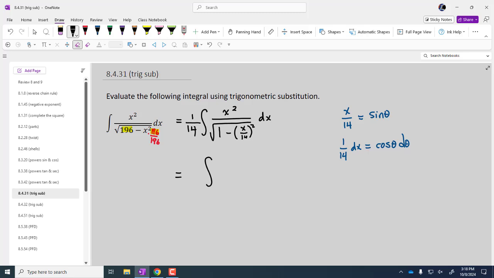One thing to notice is that this 1/14 times dx, that's dx over 14. You could just take that all the way and write it as cosine of theta d theta. Everyone following that?